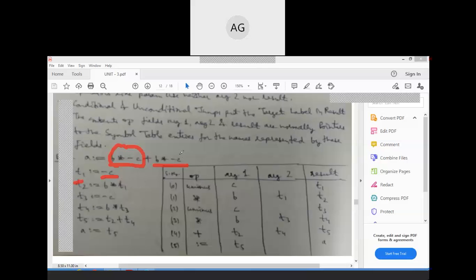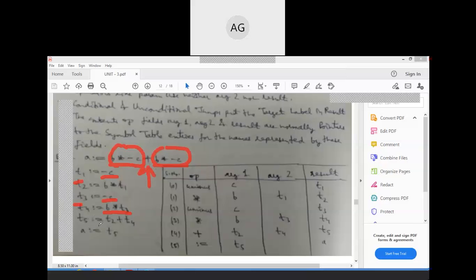Now we are going to calculate this second b into minus c. As minus c is the unary operator, t3 contains minus c. After that, t4 is equal to b into t3. Then, as the plus sign is here, we need to add these two temporary variables.